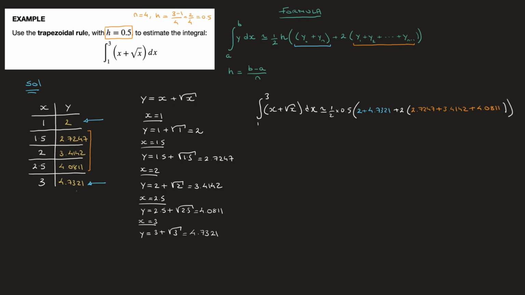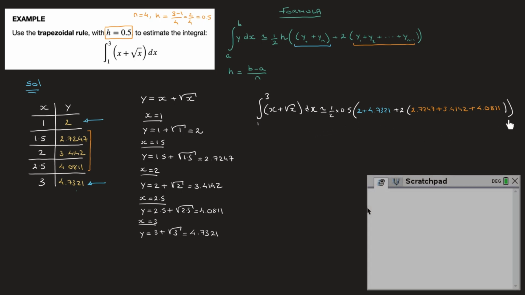And all that's left to do now is to enter all of this on our calculator. So let's see, we have 1 over 2, and I'll write that as 1 over 2 in parentheses, times 0.5 times, in parentheses, 2 plus 4.7321. So let me quickly write that.